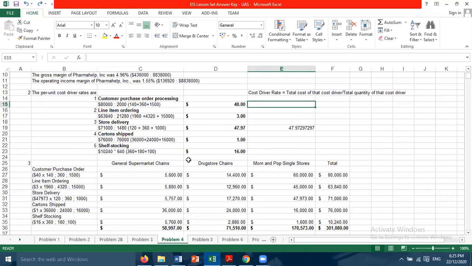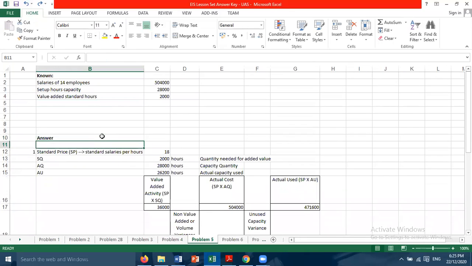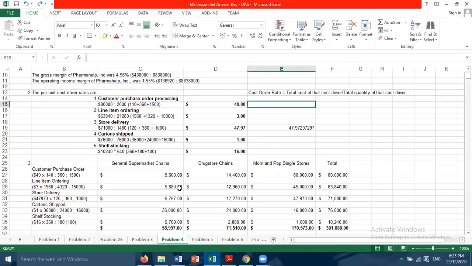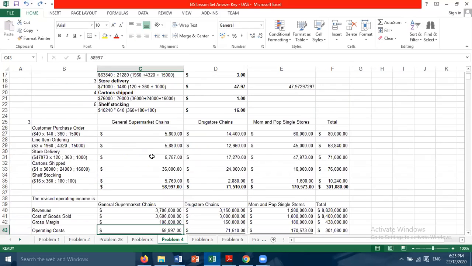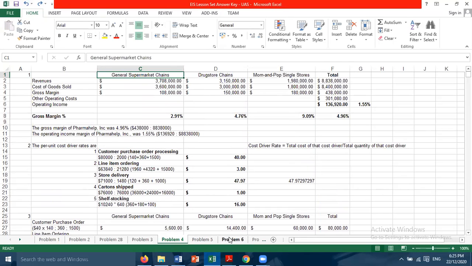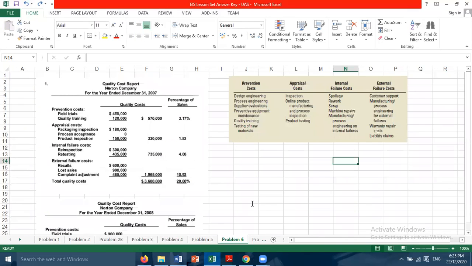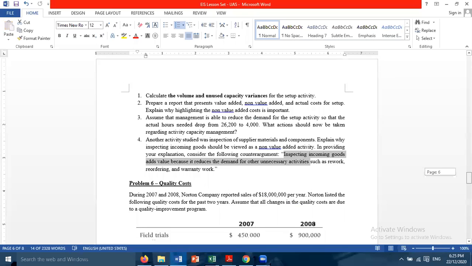While activity-based management is usually theoretical, so maybe you guys can read the book as well. But it tends to ask us about what we can do with the information given from the activity-based costing. Okay, right. So that goes for activity-based costing and activity-based management.